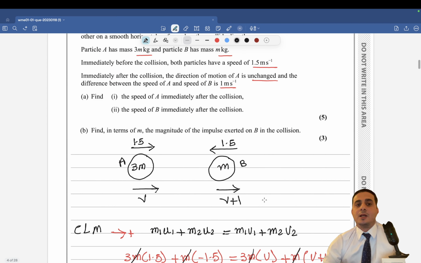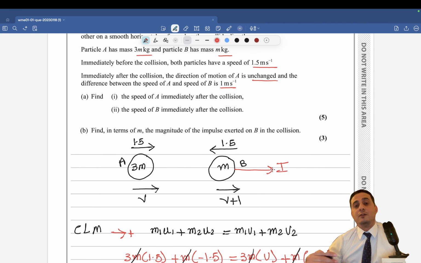Part b. Find in terms of m the magnitude of the impulse exerted on B in the collision. The impulse will be in the opposite direction. Since B was moving this way, the impulse will be the opposite way. The impulse is the change in momentum.